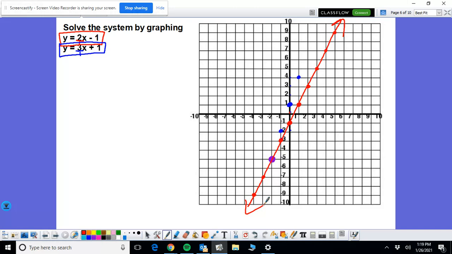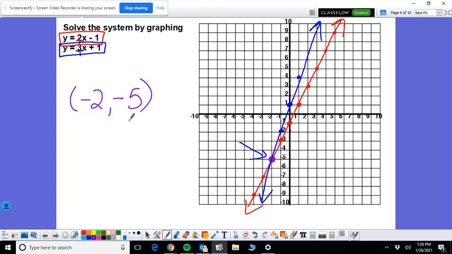There's my red line. Please use a straight edge or a ruler for your own lines. And my blue line would look like that, and that's pretty good for freehand. But the key is that you understand that the answer to this question is right there. Now, we have to write the answer somewhere. Where is that place at? So my point there would be -2, comma, -5.